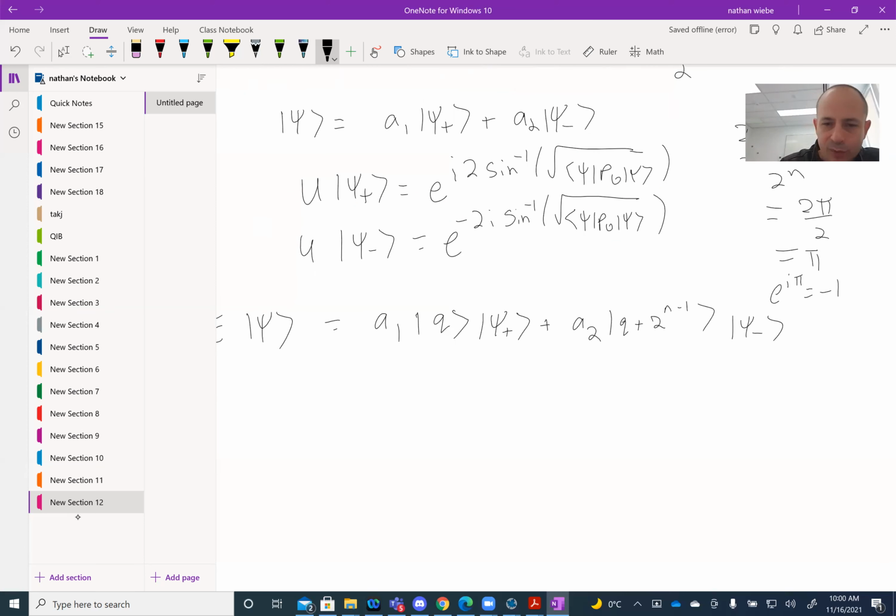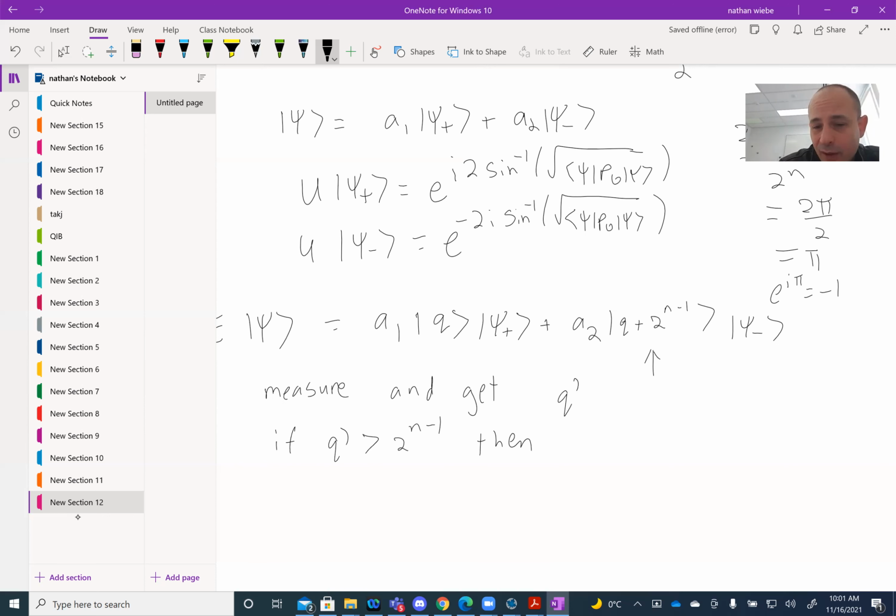So let's measure. If we measure and get a value q prime, if q prime is greater than 2 to the n minus 1, then that will correspond to this negative branch.